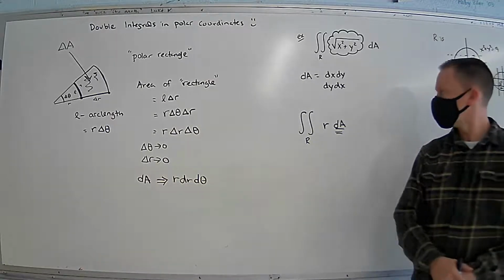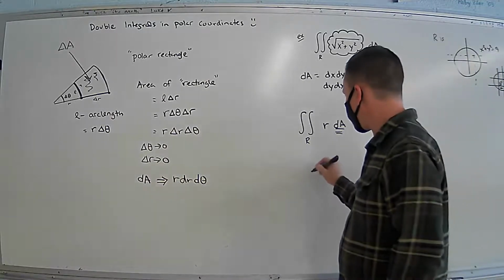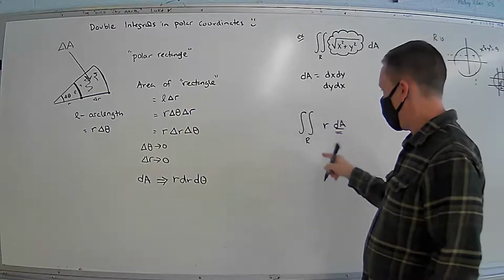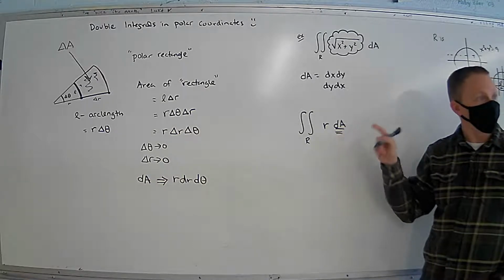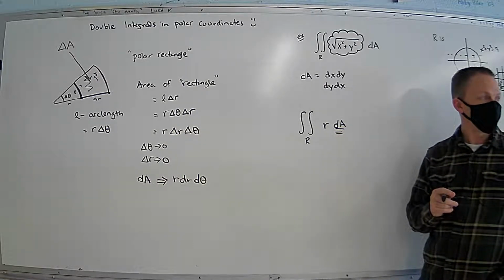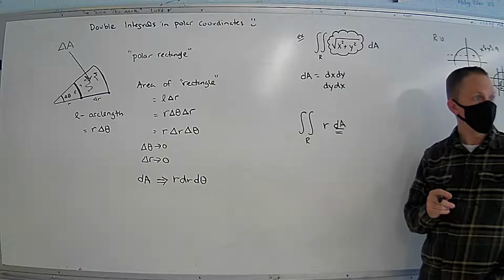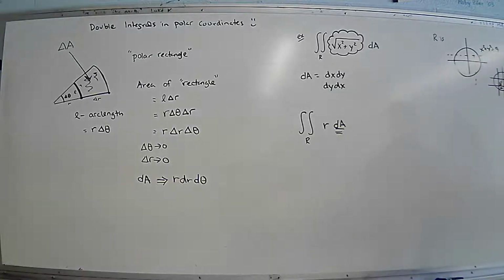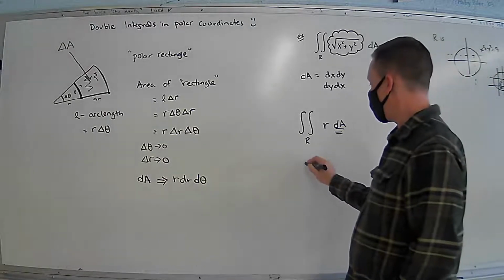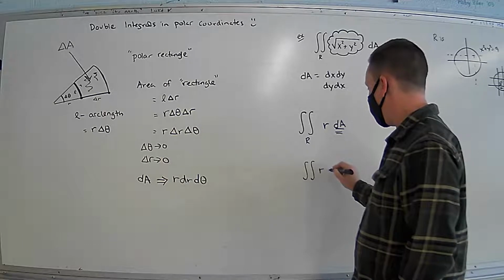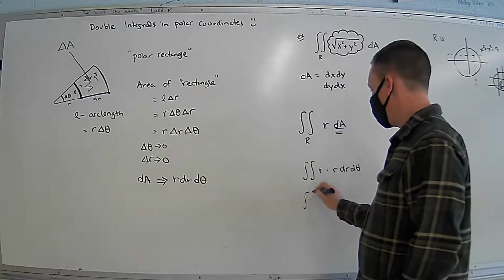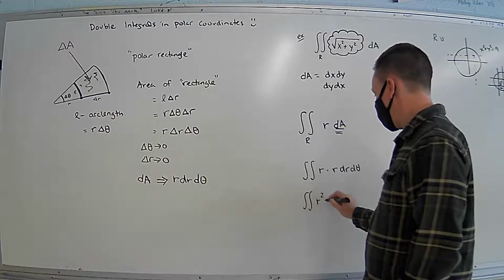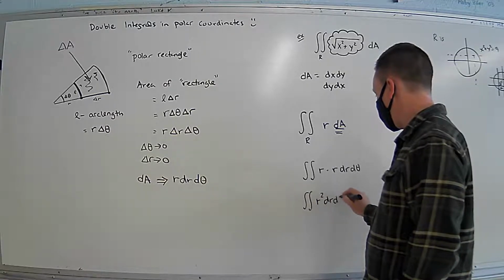So if I was going to change this problem into polar coordinates, dA is going to get replaced with R dr d theta. In this particular example, you're exactly right, Wally, it's going to be R times R dr d theta, or R squared dr d theta.